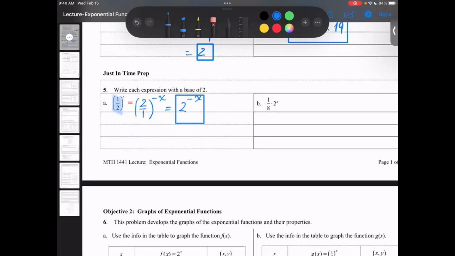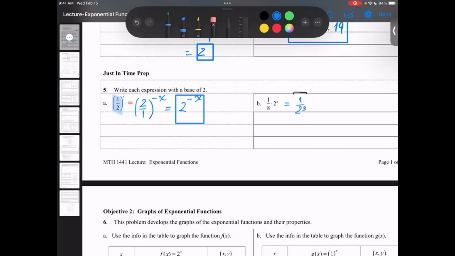Part B, and I want to combine 1/8 and that 2 to the x. So I need to convert the 1/8 into base 2. Let's do it slowly. 1/8 is the same thing as 1 over 2 cubed.